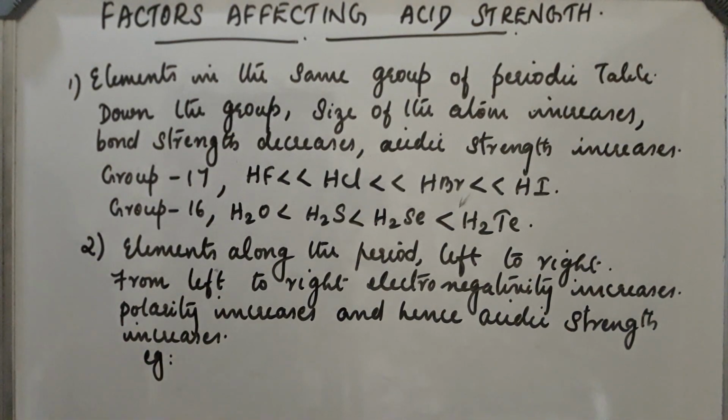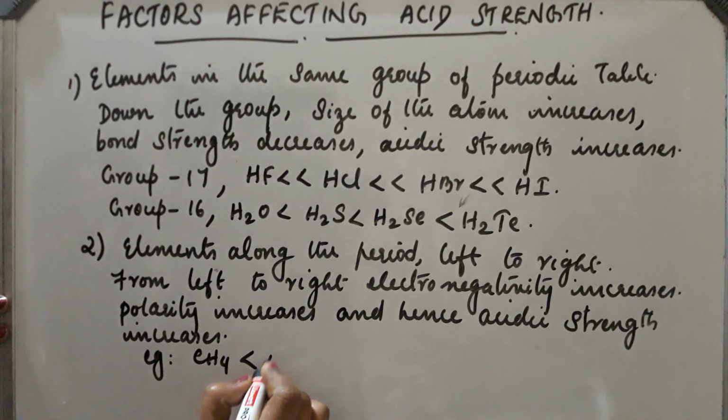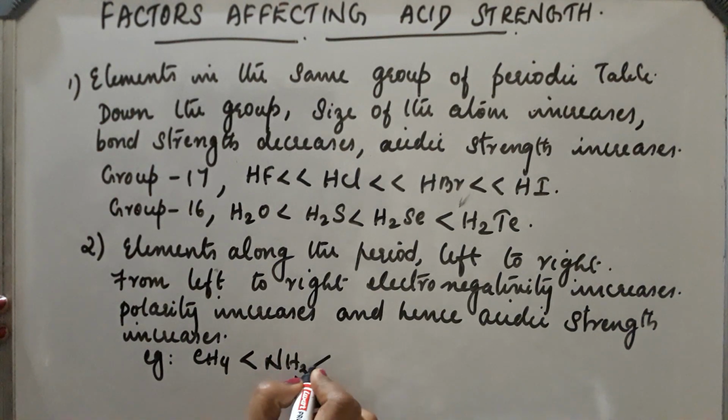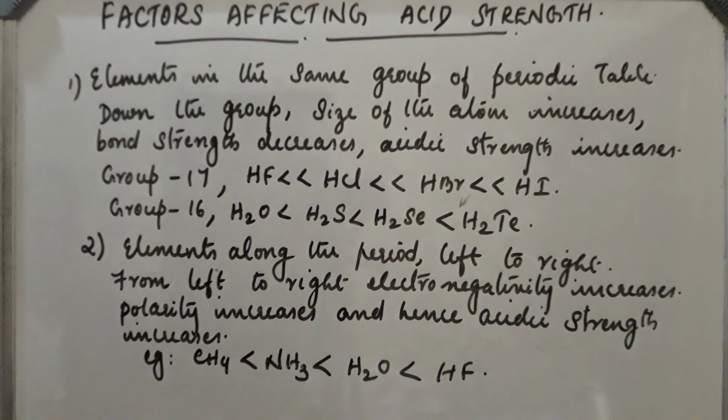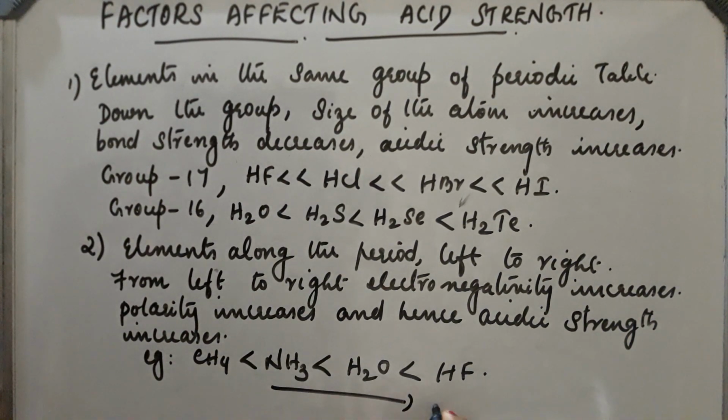Example: CH4, ammonia, that is carbon, nitrogen, then H2O, oxygen, then HF. We know along the period electronegativity increases, so acidic strength increases.